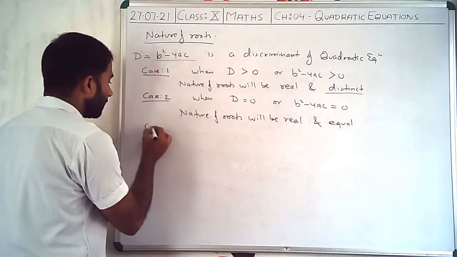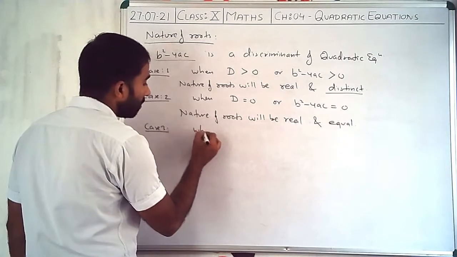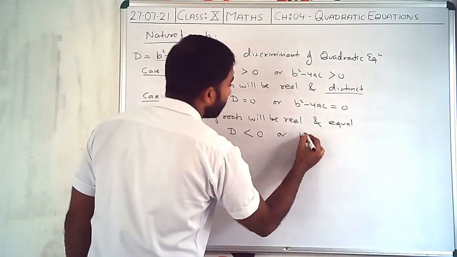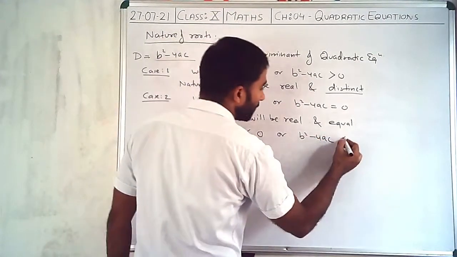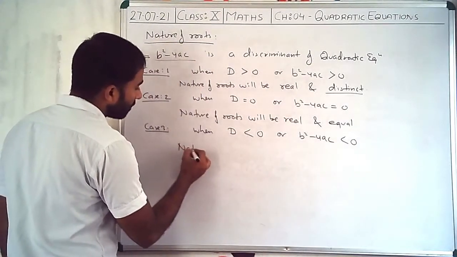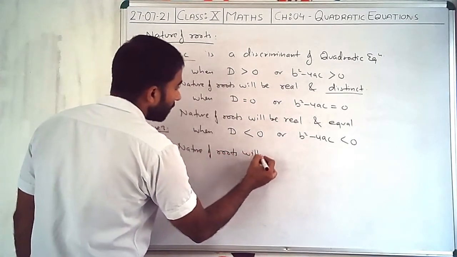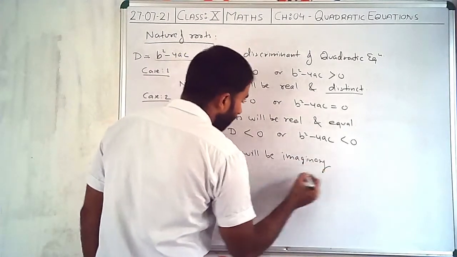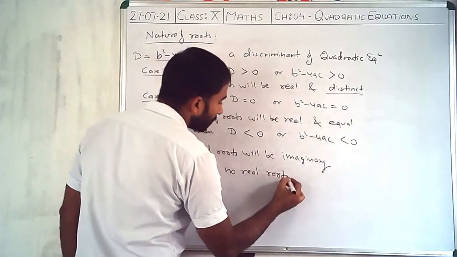And the last case, case 3: when D is less than 0, or the value of b square minus 4ac is less than 0, then the nature of roots will be imaginary, or no real roots.